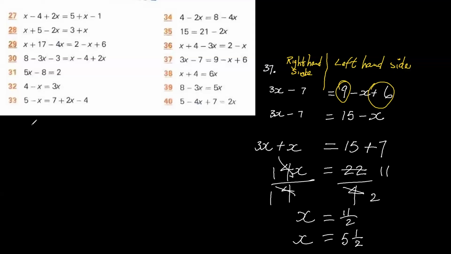One more. Number 40. So it's 5 minus 4x plus 7 equals 22, equals 2x, sorry. Is there anything I could simplify on the left-hand side?